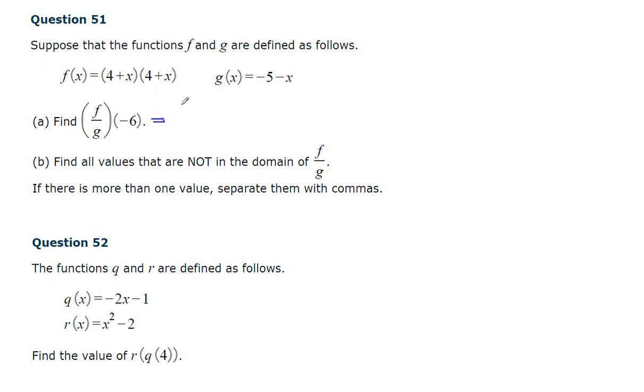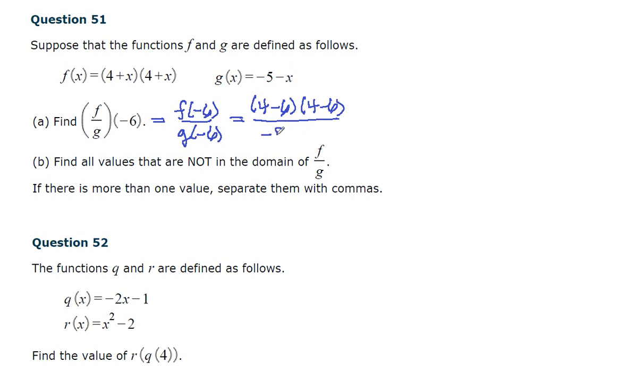And this is just defined to be f plug in negative 6 divided by g plug in negative 6. So f plug in negative 6, we'll plug it in here and here. So we'll get a 4 minus 6 times 4 minus 6. And then we're dividing by negative 5 minus negative 6.